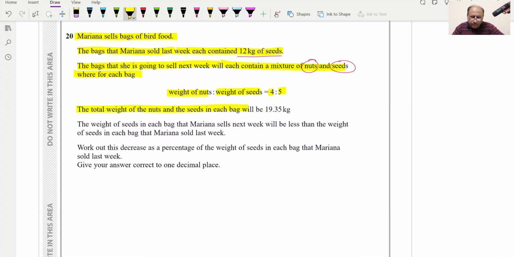The total weight of nuts and seeds in each bag will be 19.35 kg. So we have to check a bag containing a total of nuts and seeds of 19.35 kg. How many nuts are there in that?